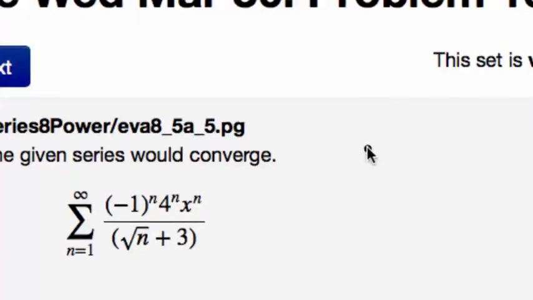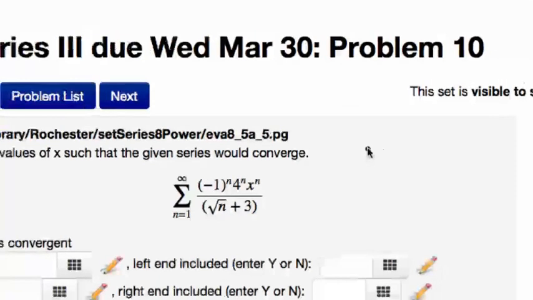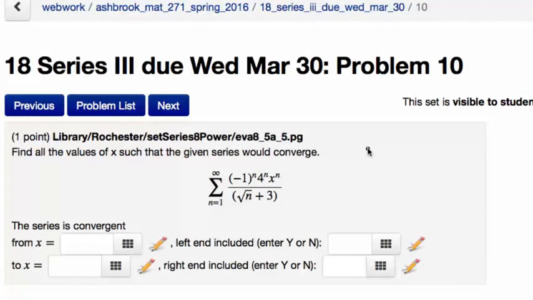That is, it's too big. Okay, so to get the initial interval here, you're going to do the ratio test.